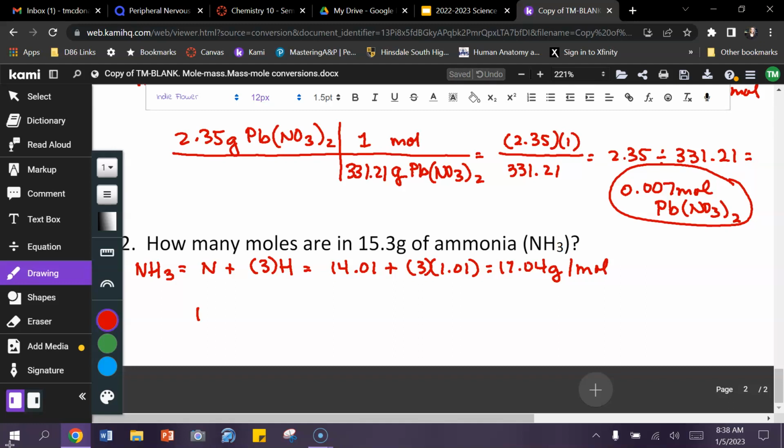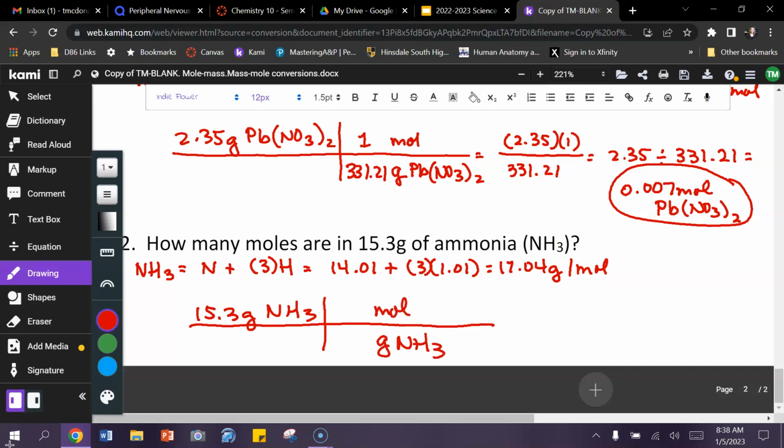Write down what you're given, 15.3 grams of NH3. Draw your lines, denote your unit, write what you're looking for at the top, moles. We know that the number next to grams here is 17.04, so we're just matching. 17.04 grams goes at the bottom, that's equal to 1 mole.